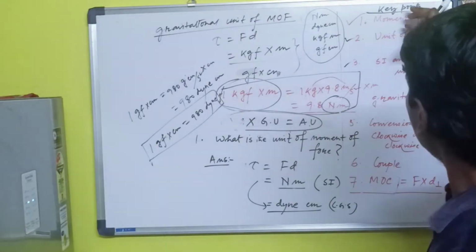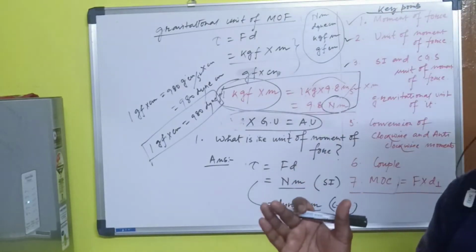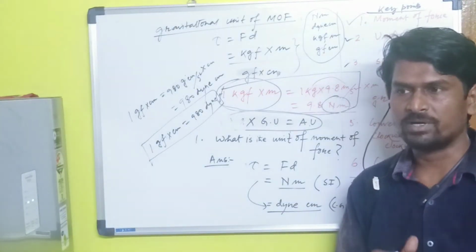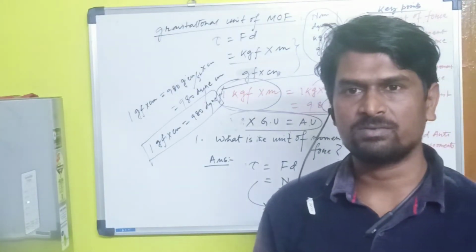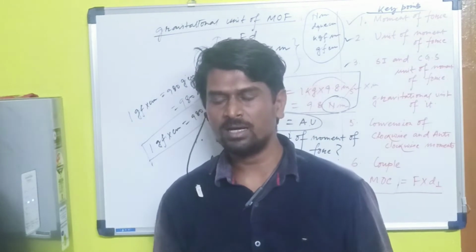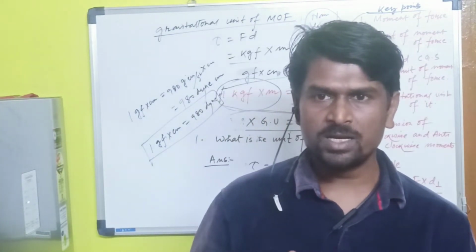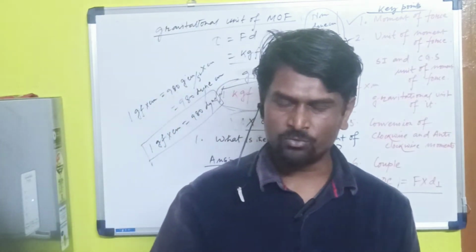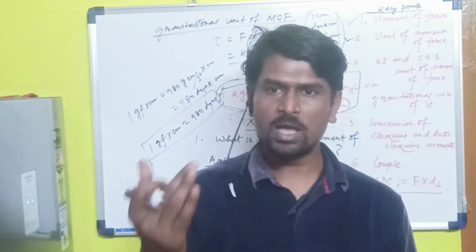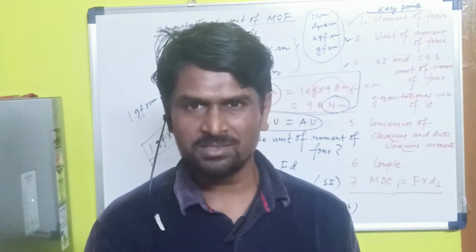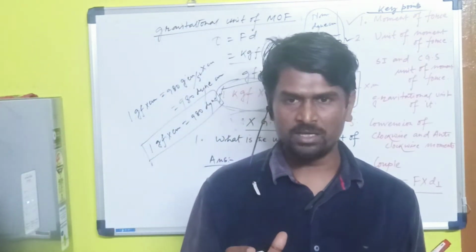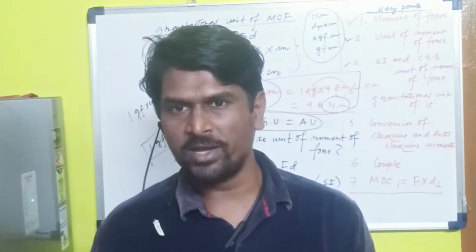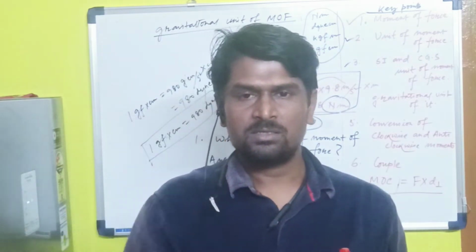What is moment? Moment is a turning effect. When a body is not free, that is pivoted at a particular point, and we apply a force on it, then the body takes a turn.